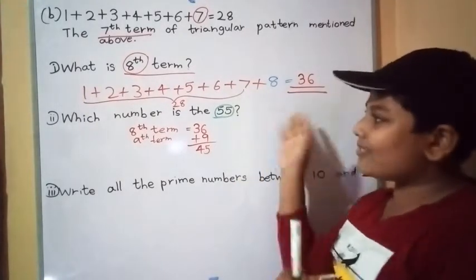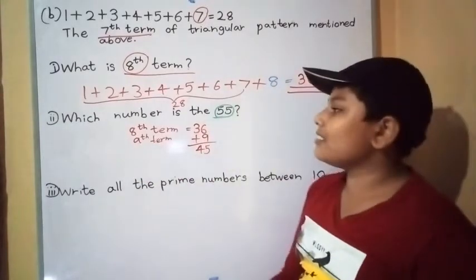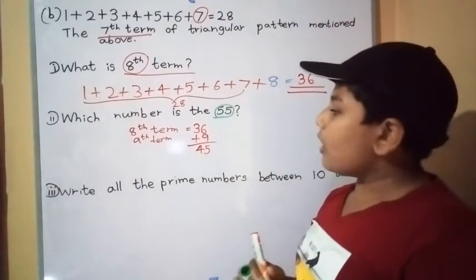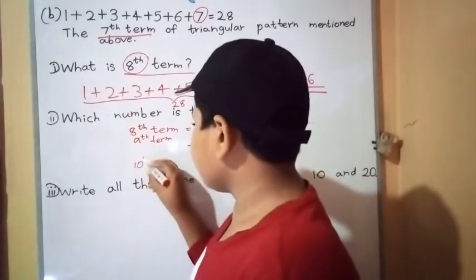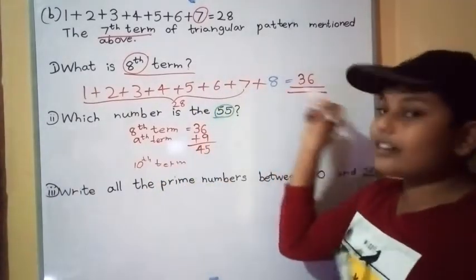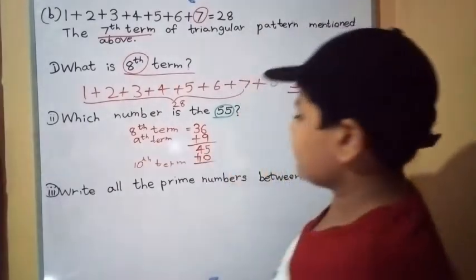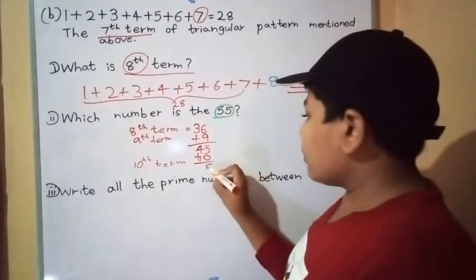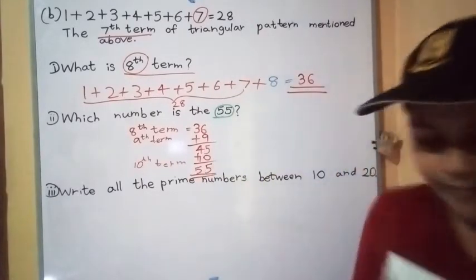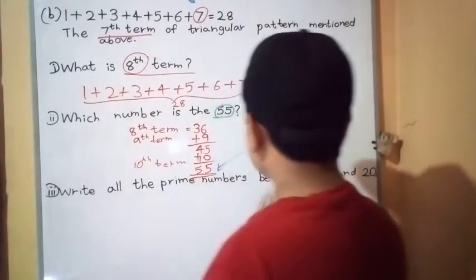That's the reason I get the 36 first for that 8th term. We write this. Now, 45 they have. Now, I get the 10th term. The 10th term means you want to add up to 10. Now, you want to add 10 for this. Now you have the 55, right?